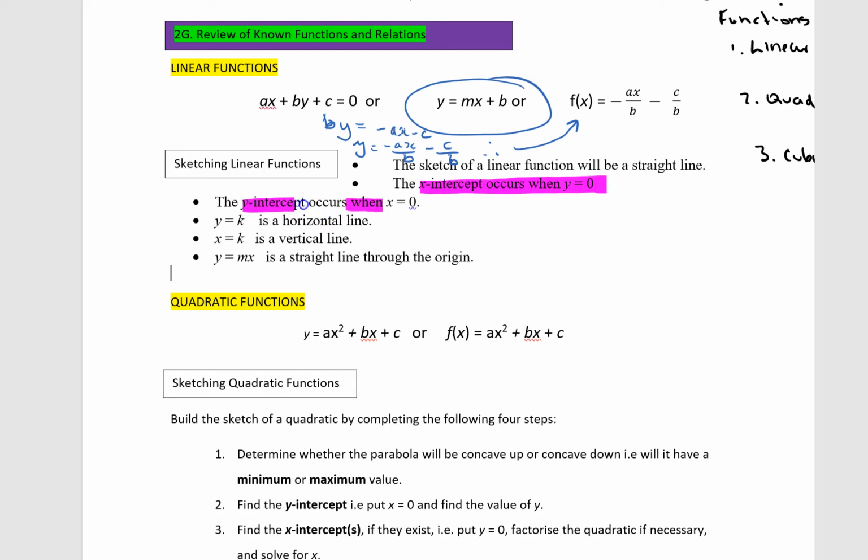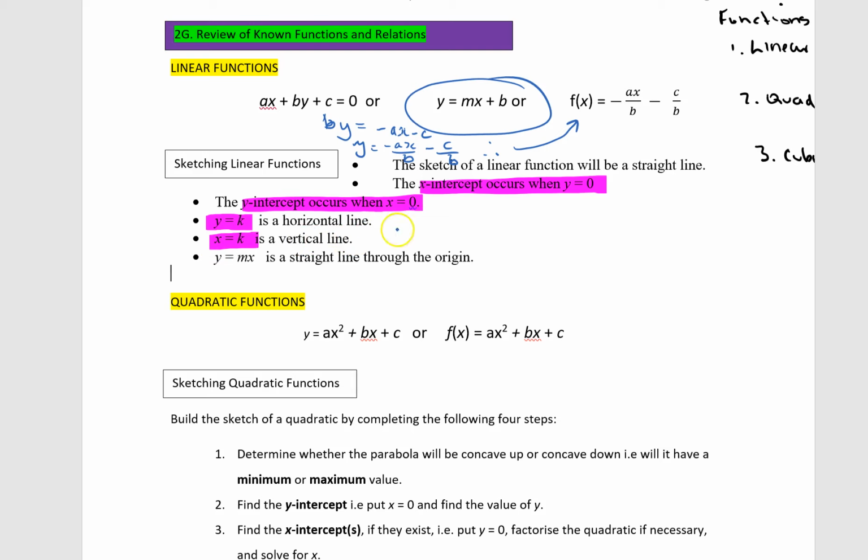Y-intercept occurs when x is naught. But that's going to happen throughout all our functions when we're graphing them. This is specific to a linear function. If you've got y equals k, it's a horizontal line. X equals k is a vertical line.